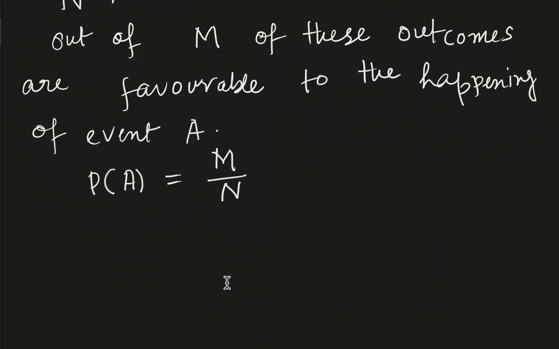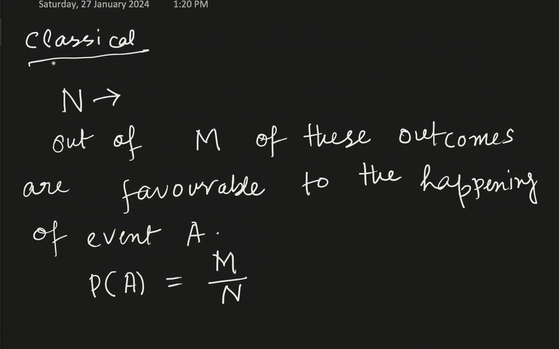Now first of all, let's see how we can determine the probability of an experiment from the classical definition of probability.